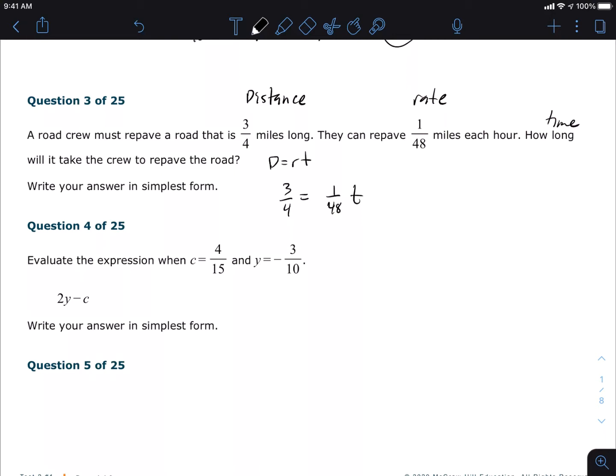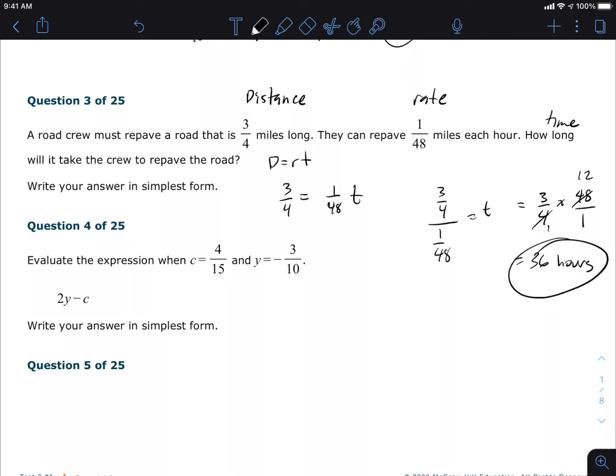So I'm going to go 3/4 and divide by 1/48. But when I divide by a fraction, it's the same as multiplying by the reciprocal. So 4 becomes a 1, the 48 will become a 12. 3 times 12 is 36. And our answer is 36 hours.